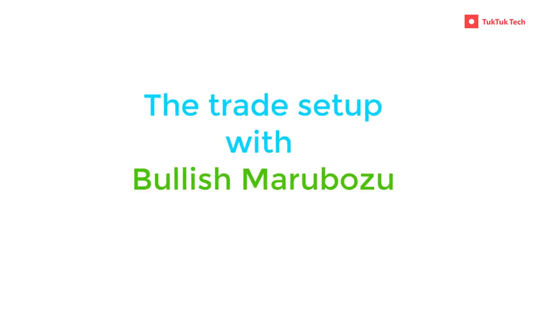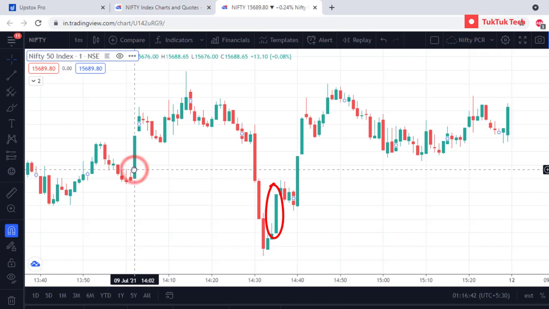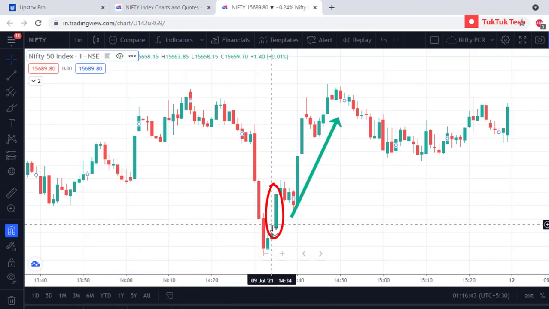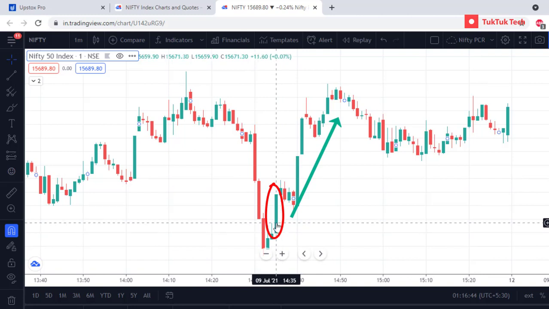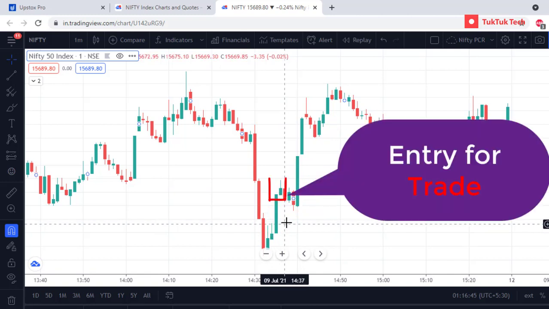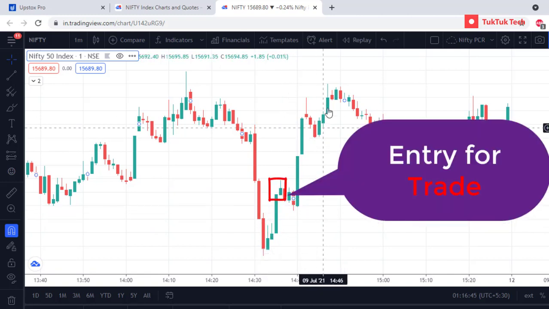The trade setup with bullish Marubozu. Green Marubozu is an indication of clear bullish sentiment. The buying price should be around the closing price of the Marubozu, or at the opening of next candle.